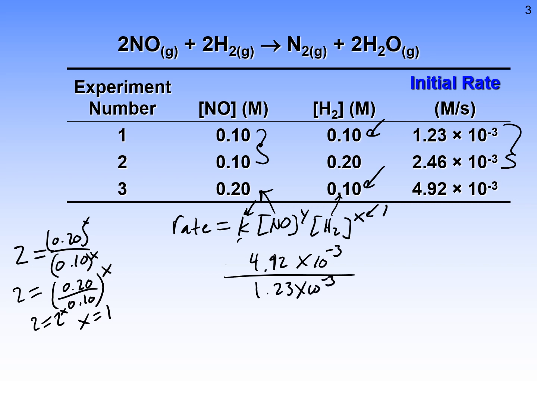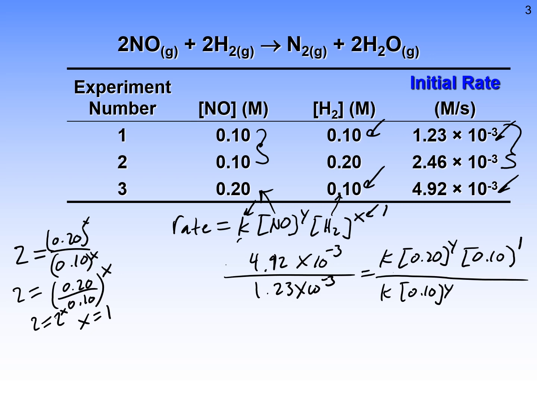So I'm going to take rate 3, put that on top, and rate 1, put that on bottom, and say that's equal to K times the concentration of NO. In row 3, it's 0.2, and this is to the power of Y, times the concentration of H2, which is 0.1, to the power of 1 technically now, because we know that value, times K. In the denominator, it's going to be the row 1 values, so I have 0.10 to the power of Y times 0.10 to the power of 1. And again, these guys are going to cancel. They're the same value, and K is going to be the same because it's a constant.